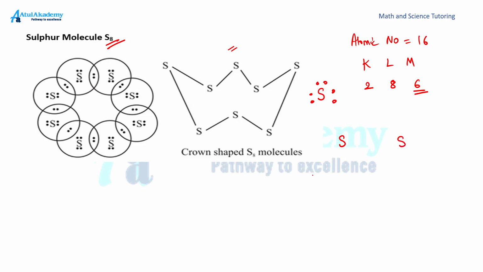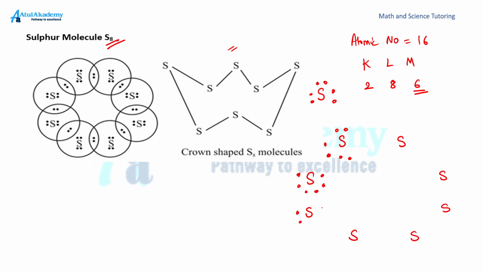S, S, S, S. So 1, 2, 3, 4, 5, 6. It is for this one. Then it's 1, 2, 3, 4, and 5, 6.